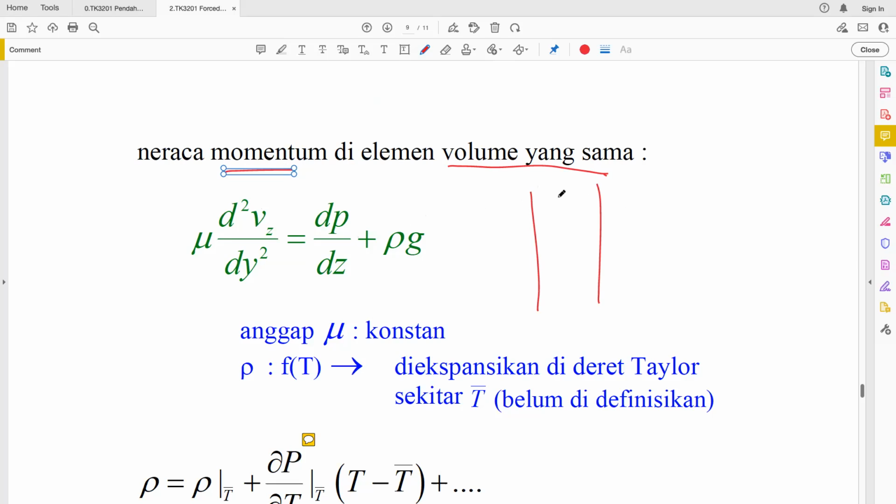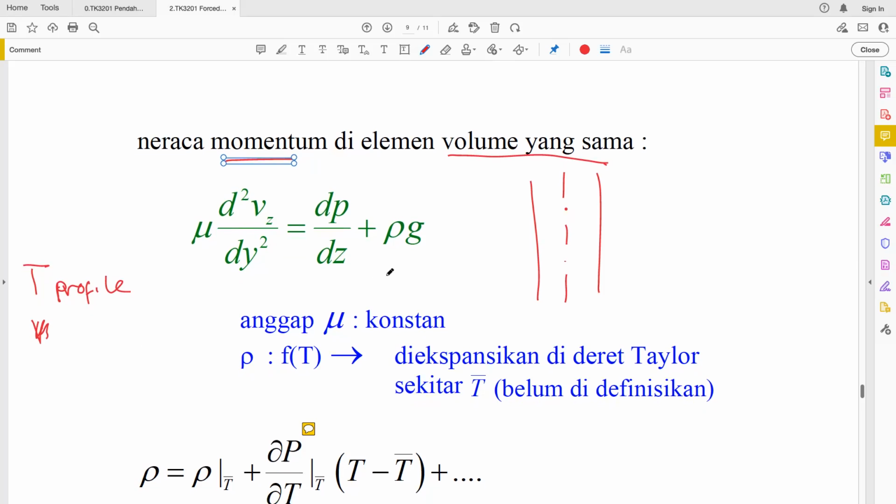You can try it again. So that means that you have a temperature profile, you have a velocity profile, you have also a momentum profile. Okay, that one, because of the difference of that one.